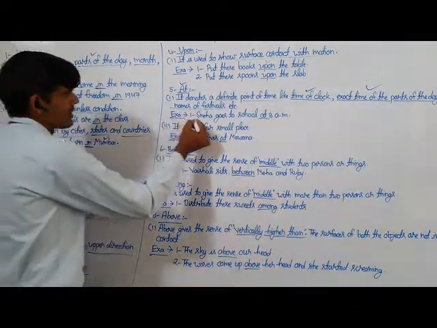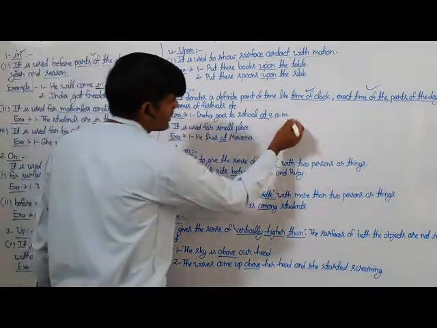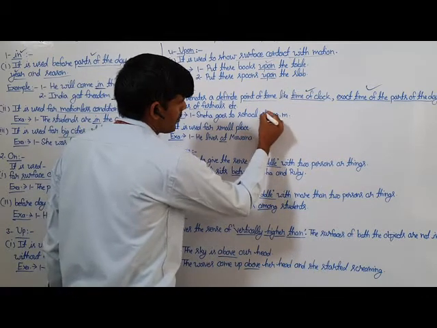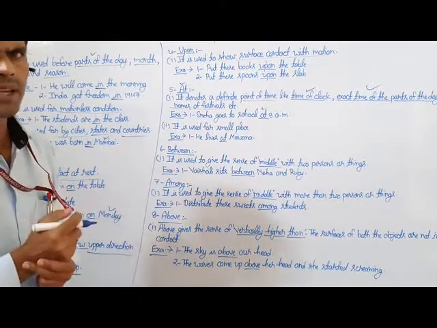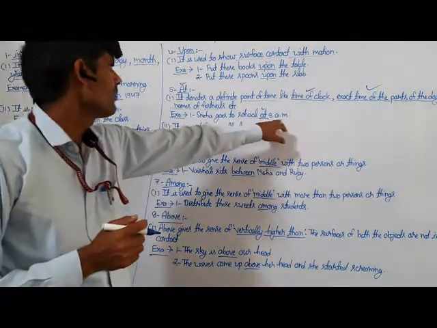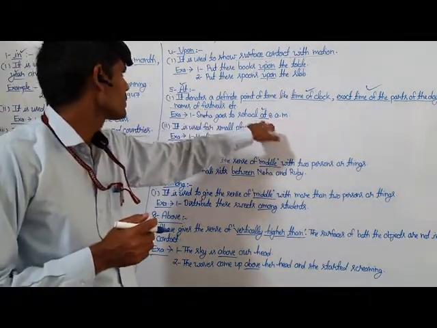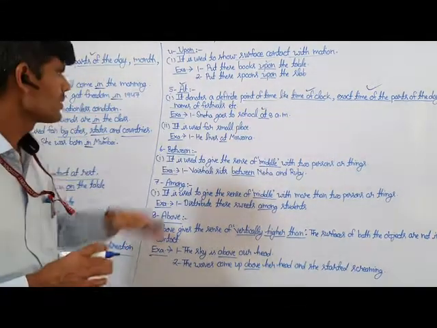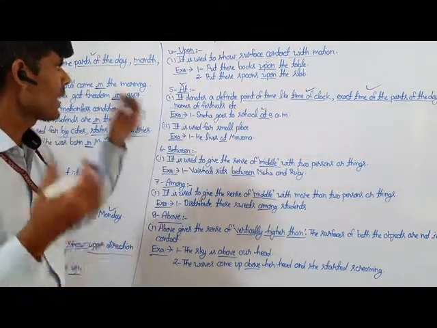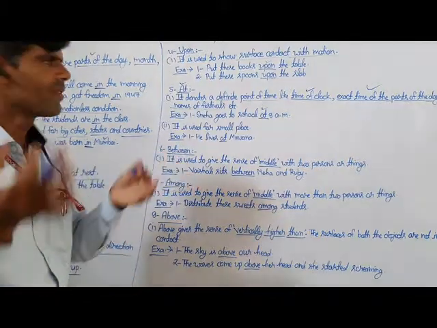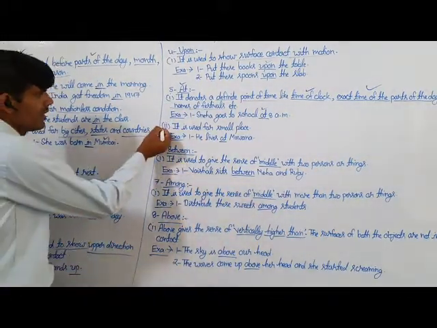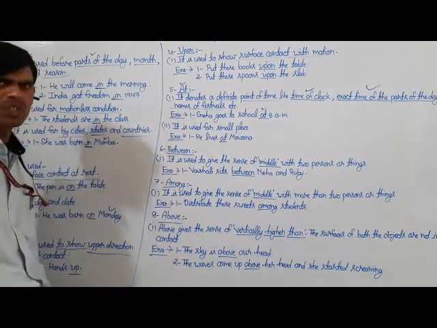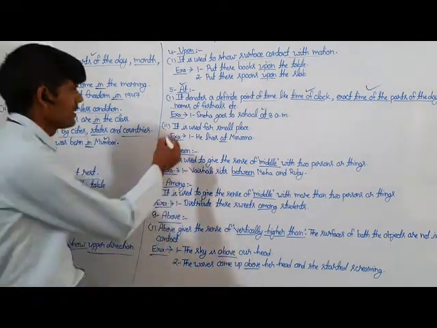Such as, Sneha goes to school at 8 a.m. Here the underlined word at is used to show a definite point of time. So at is used to express the definite point of time in the sentence.